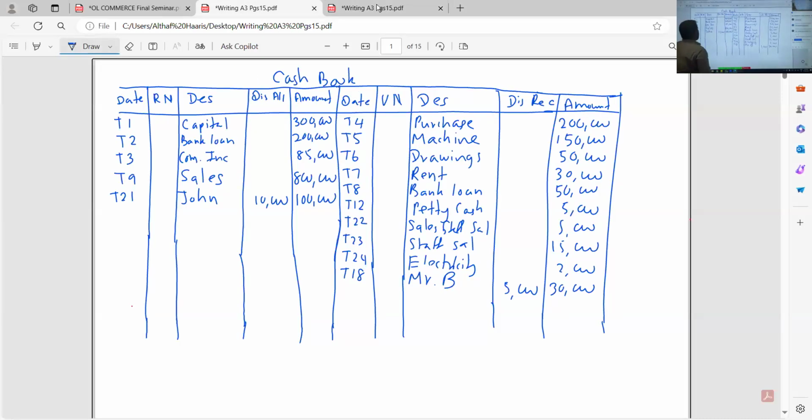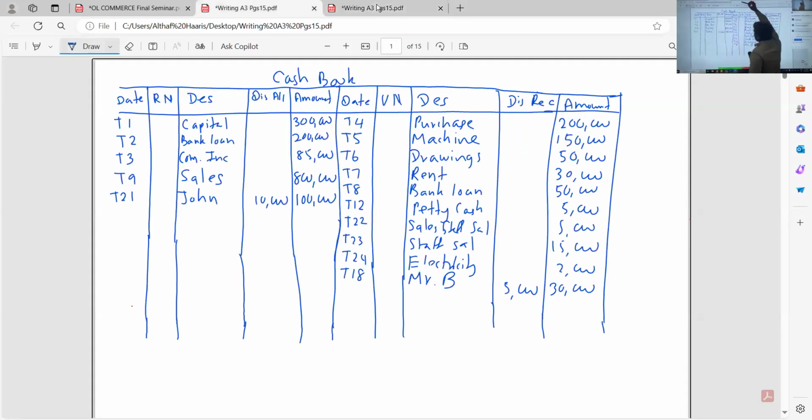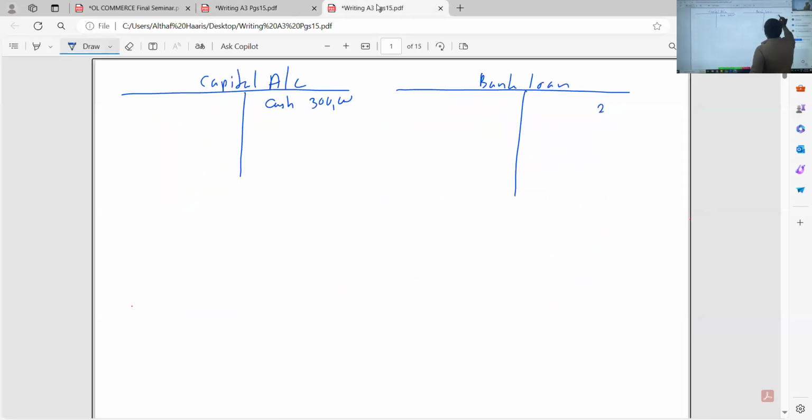Then you have the bank loan. Bank loan. So here it is there in the debit side for the bank loan credit side, 200,000. Here cash. Okay, next one.